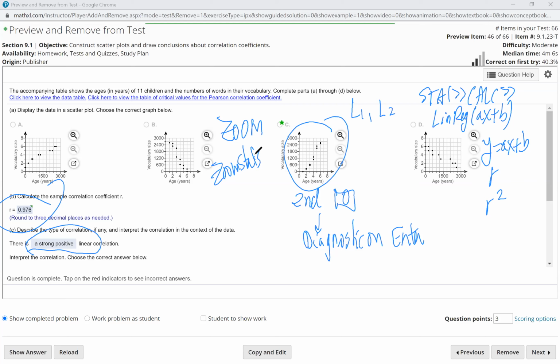One thing, guys, if you are to guess here, if I were you, I would cross these two out right away, without even doing the calculator. How do I know that these two cannot be the answer? Can someone tell me why? Yeah, very good, Courtney.